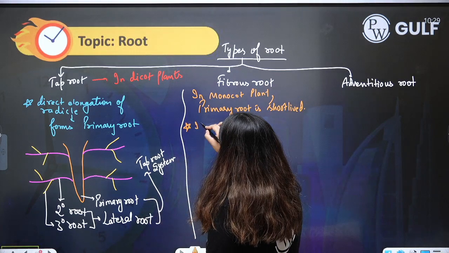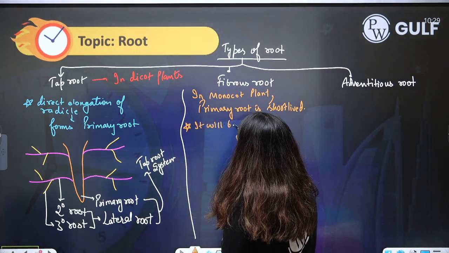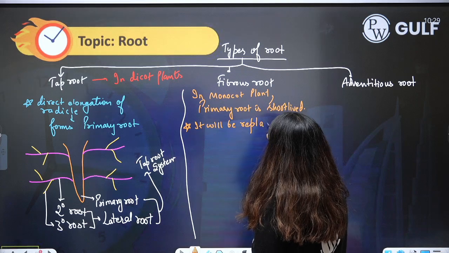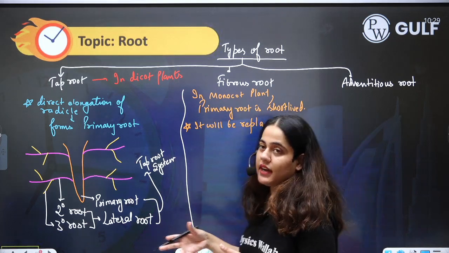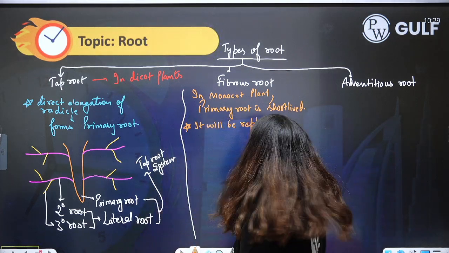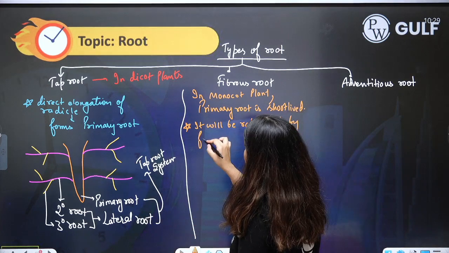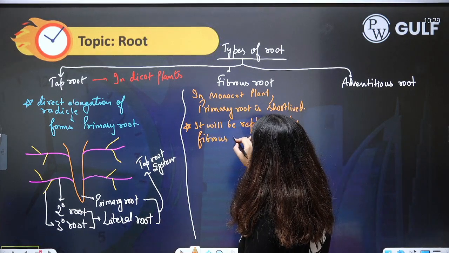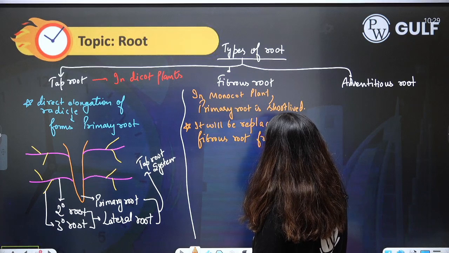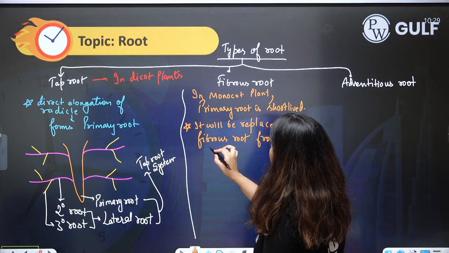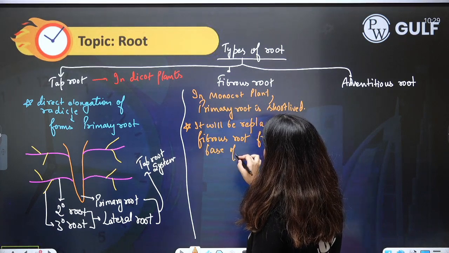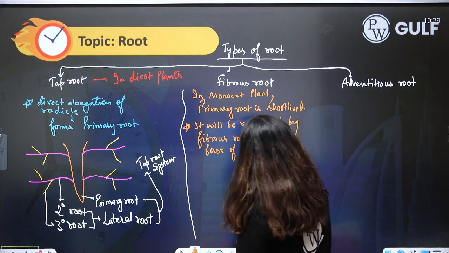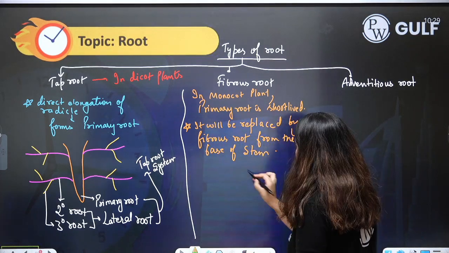So it will be replaced by another root. So when the primary root dies, it will be replaced by fibrous root from the base of stem. So some fiber-like roots arise from the base of stem.